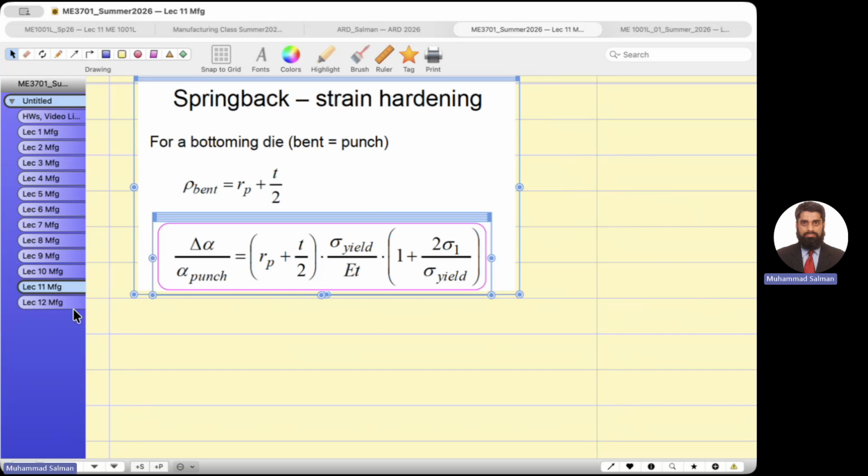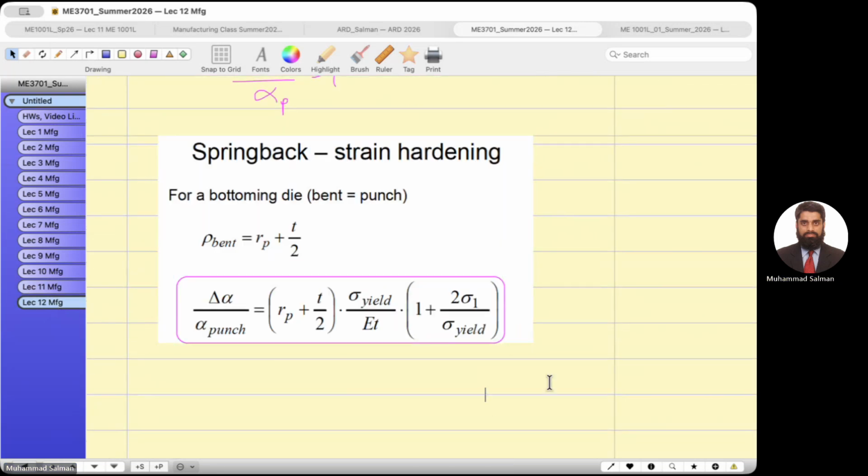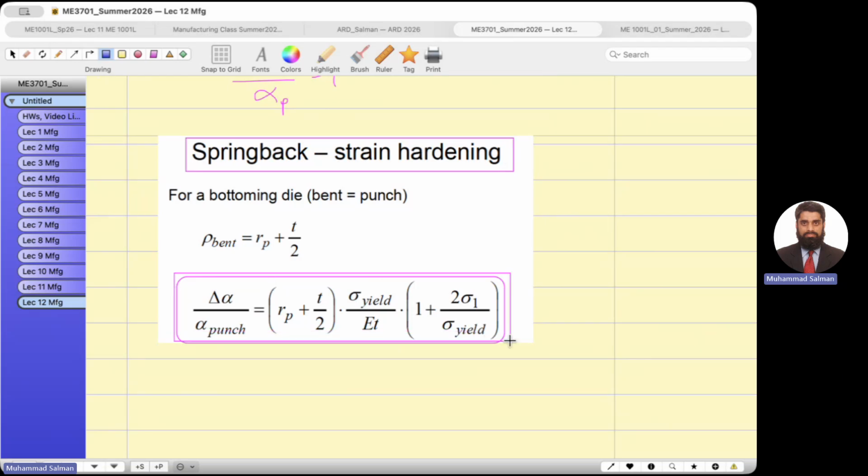So this is the formula. I want you to please write down this formula. This is for the strain hardening material. Please write down this formula in your formula sheet. It will help you to find out the final angle of the sheet metal.